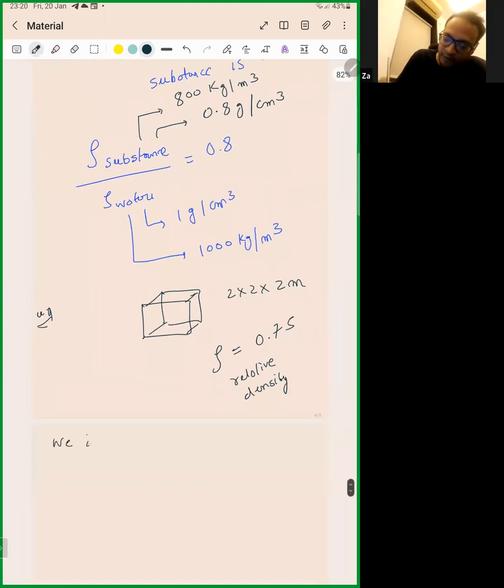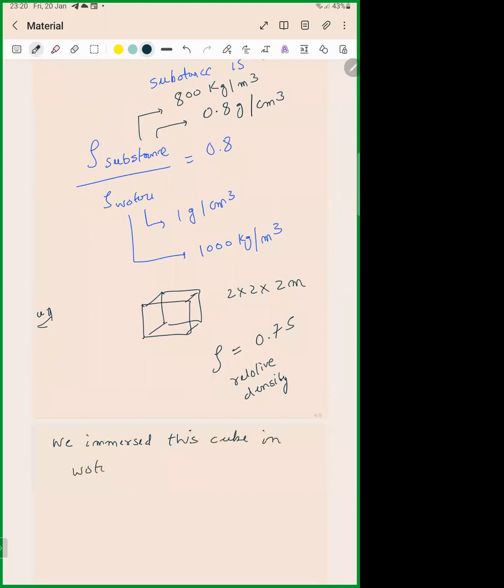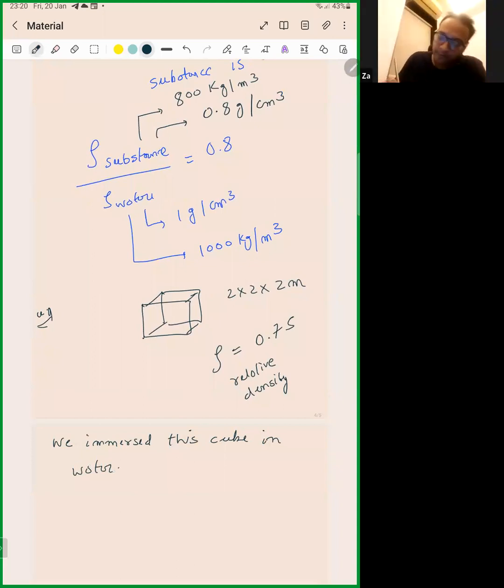How much of the edge will dip inside the water?